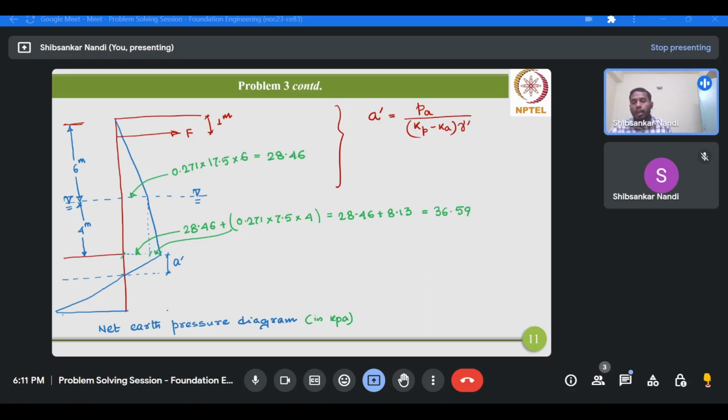Now what is PA? PA is the active earth pressure at the dredge level. We know PA, KP, Ka and gamma prime, so we can easily calculate the depth A prime from the dredge level where the net earth pressure becomes 0.